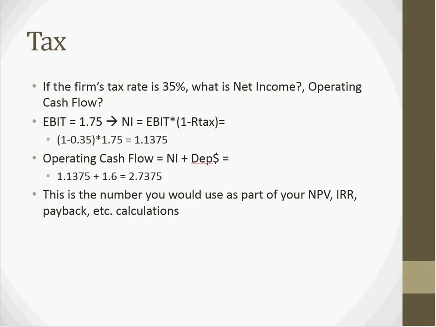So next is to add tax. So we've got a 35% tax rate. We can ask what is the net income and what is the operating cash flow.